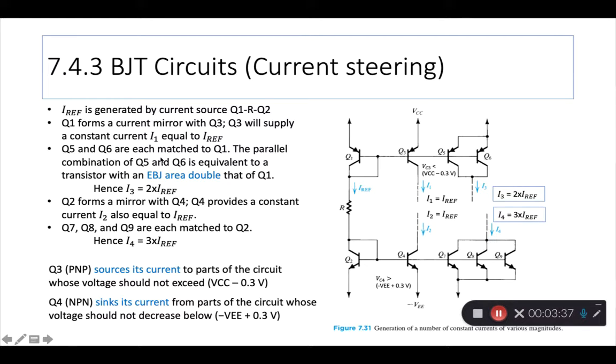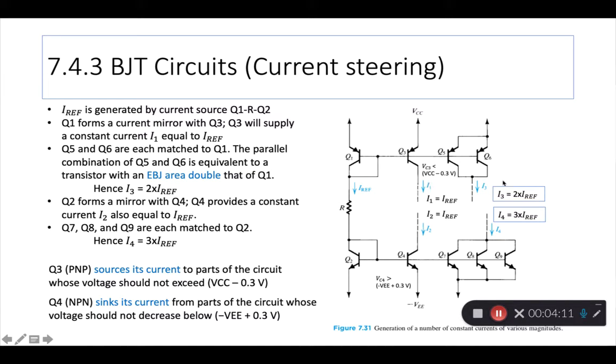Q5 and Q6 are each matched to Q1. Now look at Q5, Q6. They're also matched to Q1, so same EBJ area. But what you'll notice is they are totally connected in parallel. The two emitters are connected and the two collectors are connected together. Given that they're all connected together, that makes the two transistors a parallel connection. So just remember that.